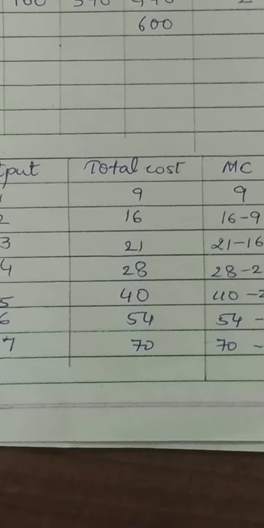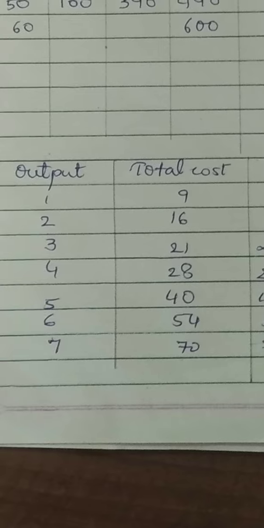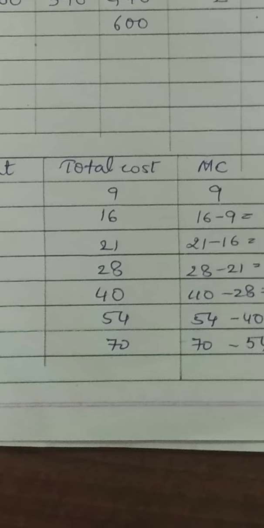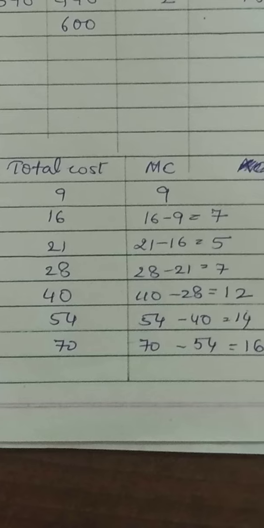Initially, if you assume that the output is 0, so for producing 1 unit my marginal cost will be 9. Now for producing 2 units, that is from 1 to 2, so you can say 1 additional unit, marginal cost can be obtained by 16 minus 9, that gives you the answer 7.